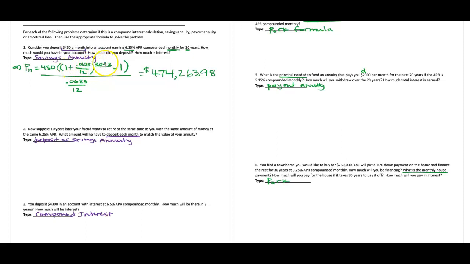Raise that to the 360th power. Hit, how far should I round that up? Because when I do that, I get like 0.005208 and then threes. So keep that whole thing in there. Just keep the whole thing in there, and then subtract 1. Hit enter. Times it by 450.